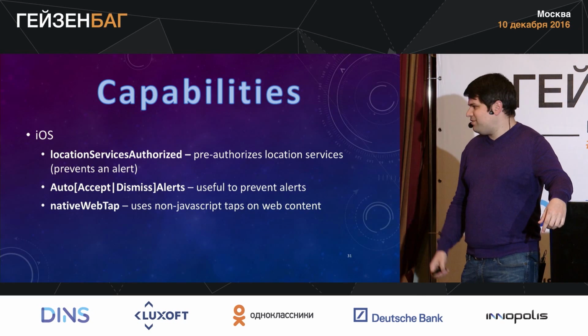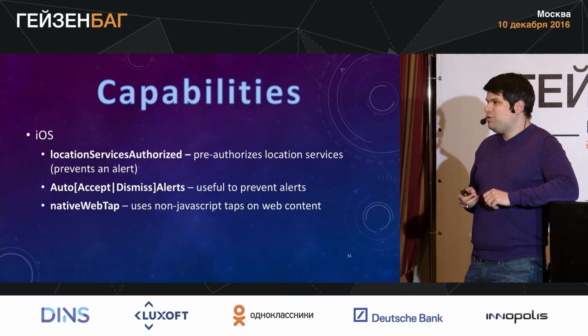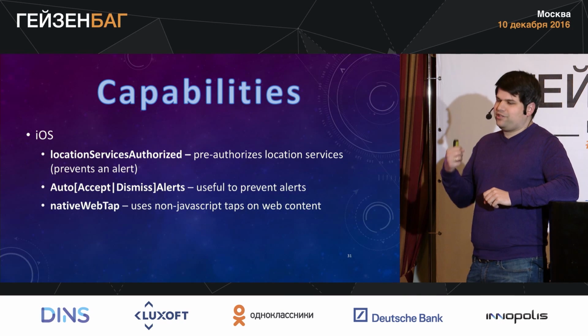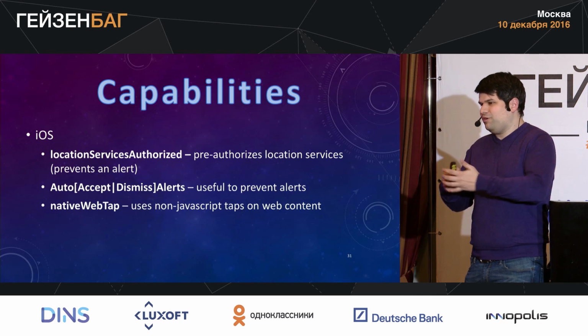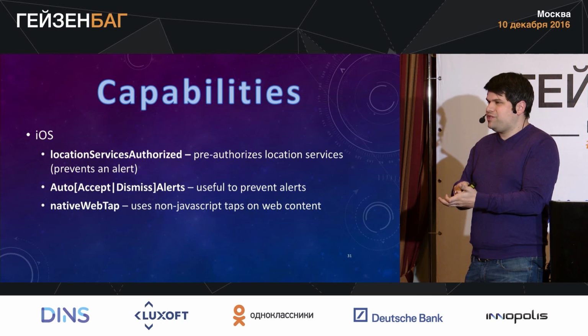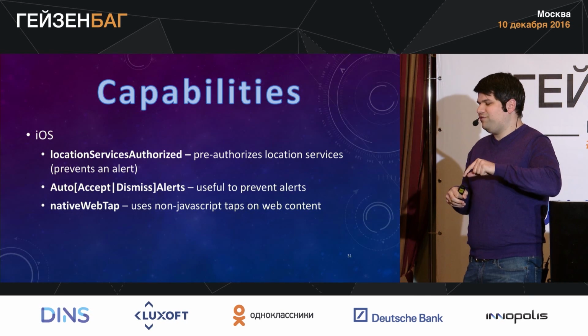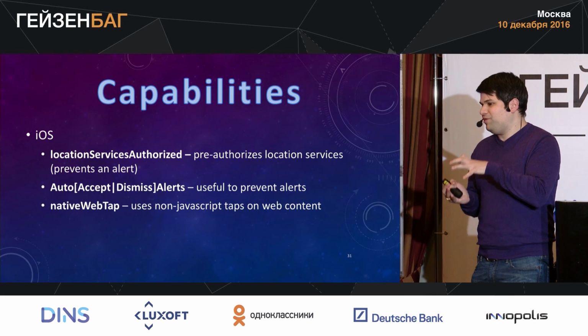We also have the native web tap capability. To describe what this does, when you send a click to a web page in a web context in Appium, it goes through Chrome Driver and it gets interpreted directly as JavaScript. So it's not the same as a user actually touching the phone, because the operating system doesn't know about it, because it's been sent straight to the browser.